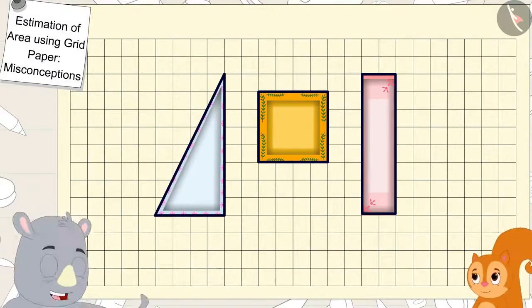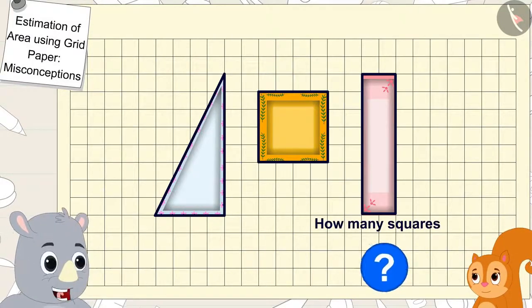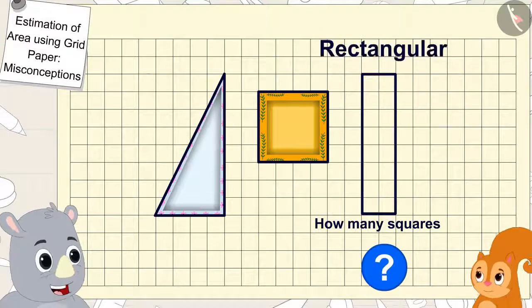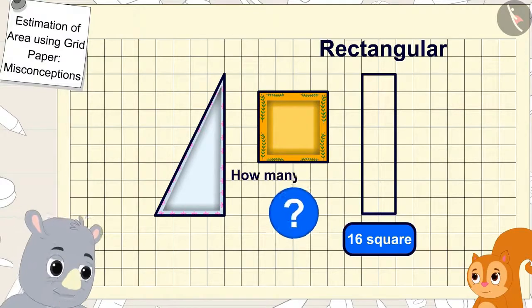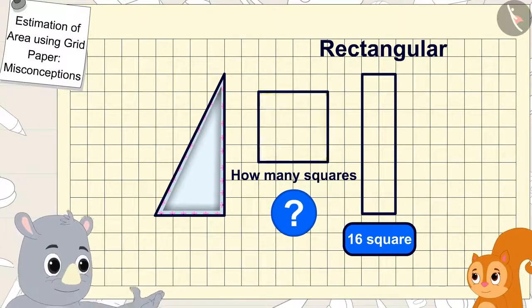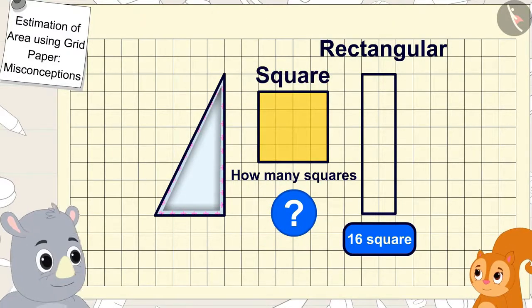Chanda, can you tell me how many squares are there in the area of the rectangular plate? Gaggu asked Chanda. Chanda quickly counted. 16 squares. And how many squares are there in the area of the square-shaped plate? Gaggu asked.